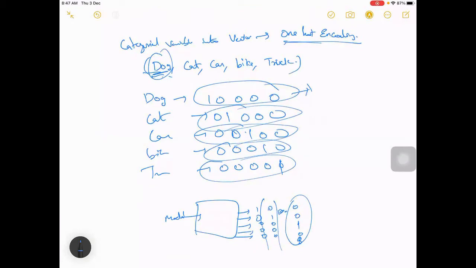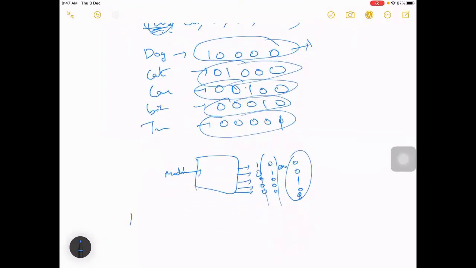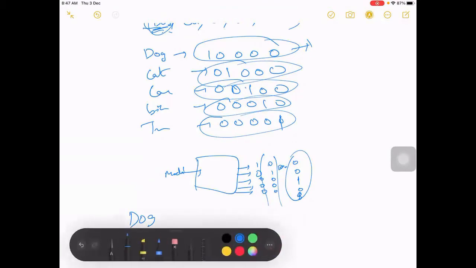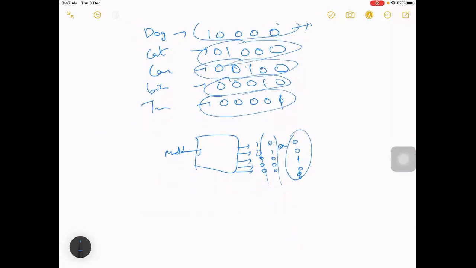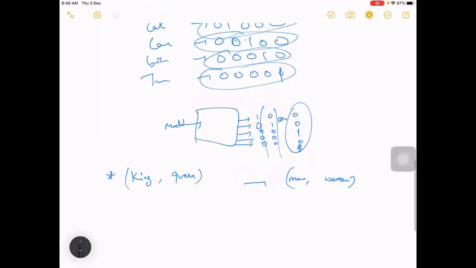Is this an ideal way of doing it? In case there are similar words, it's a problem. Here it's fine because each of the classes is completely independent, so we can represent it with one hot encoding. But take a very famous example: king, queen, man, woman.